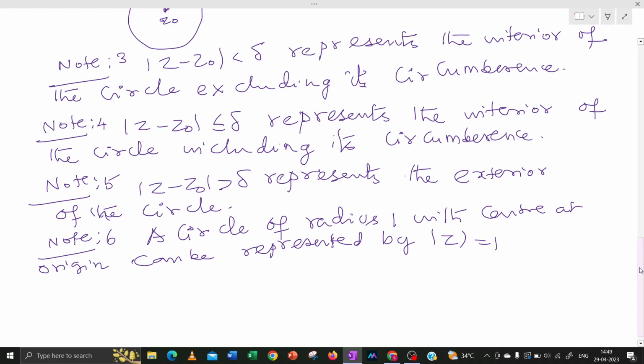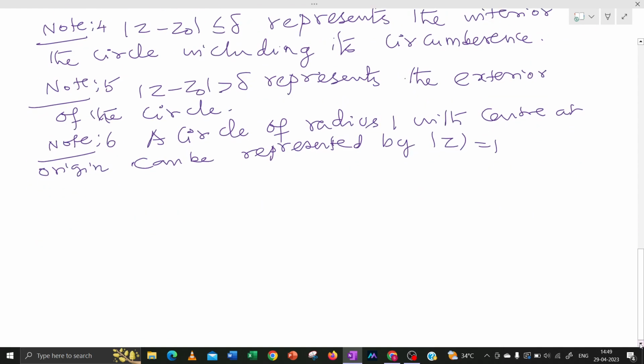Next important definition is the neighborhood of the point.